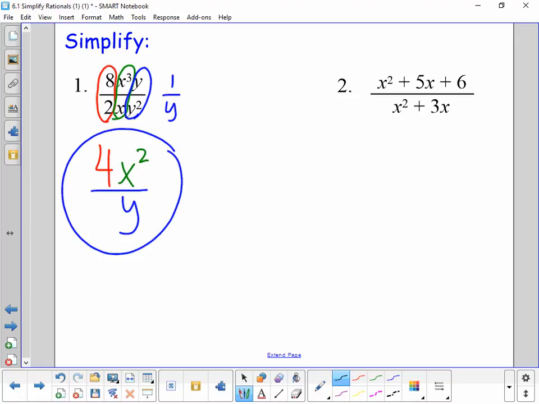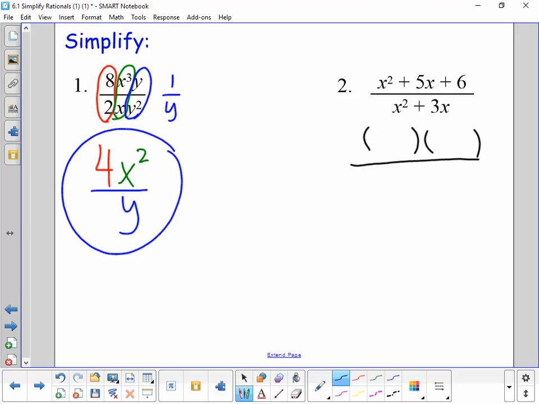All right, number 2. So x squared plus 5x plus 6 divided by x squared plus 3x. Now again, you cannot reduce those x squareds. They are terms, and you cannot do that. It is bad math. But if we factor both of these, we could possibly find something that might be able to reduce.